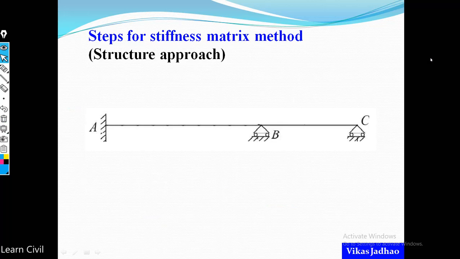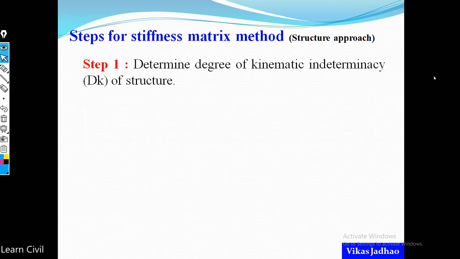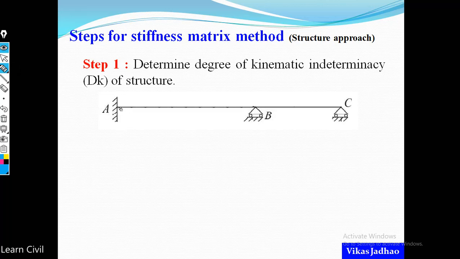Now we will see the steps for the stiffness matrix method. Let us consider we are given one continuous beam ABC as shown in this picture. Step number 1 is to determine the degree of kinematic indeterminacy of the structure. For this particular structure, the deflected shape will be something like this.